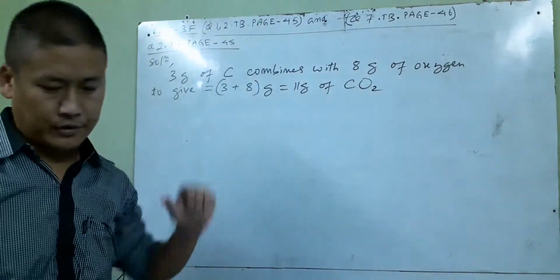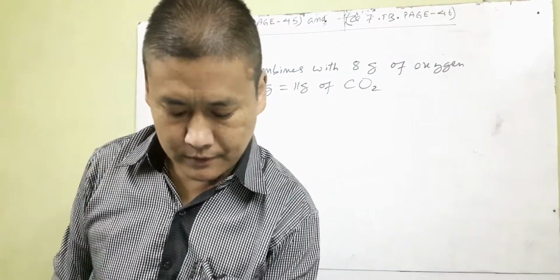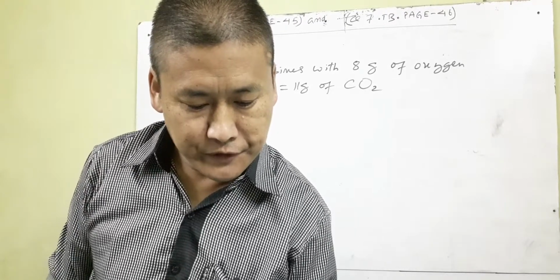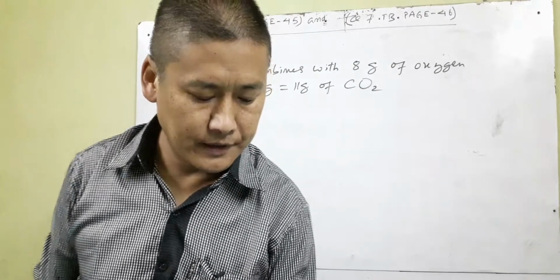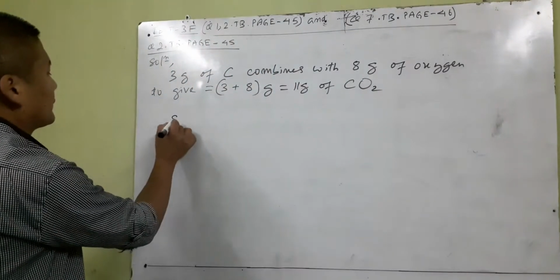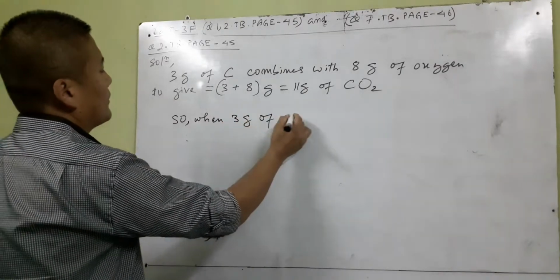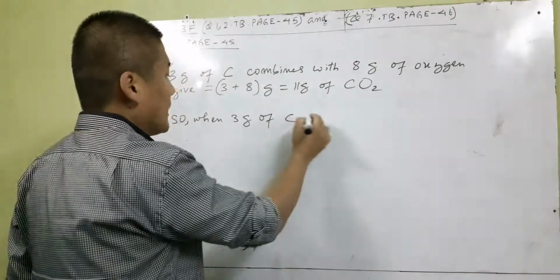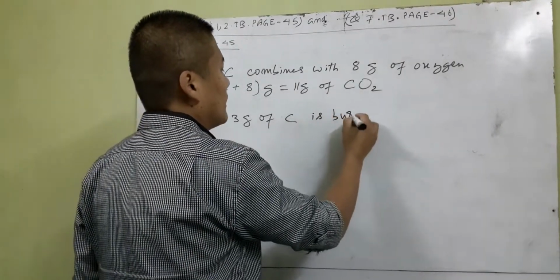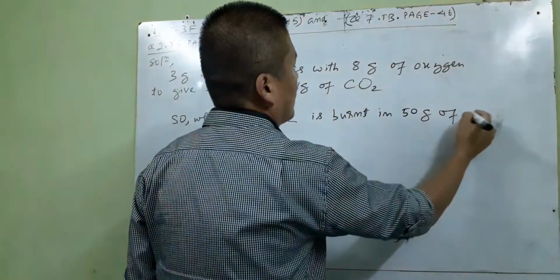That is what the question told us. So what mass of carbon dioxide will be formed when 3 gram of carbon is burned in 50 gram of oxygen? So second case. When 3 gram of carbon, that means the same amount again in the second case, is burned in 50 gram of oxygen.